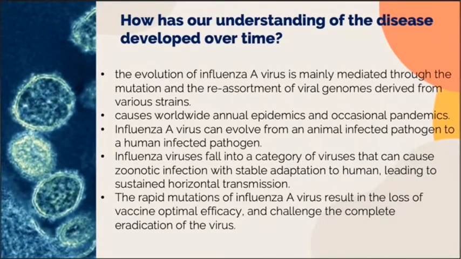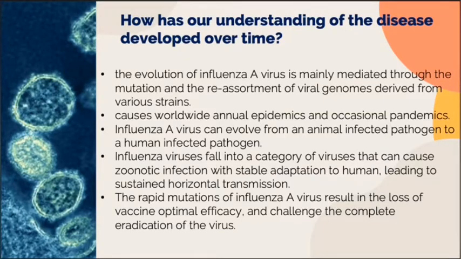Next, how has our understanding of the disease developed over time? A large number of studies have revealed that the evolution of influenza A virus is mainly mediated through the mutation of the virus itself and the reassortment of viral genomes derived from various strains.